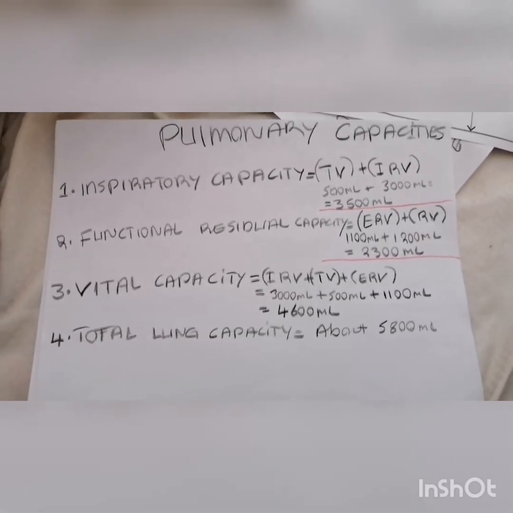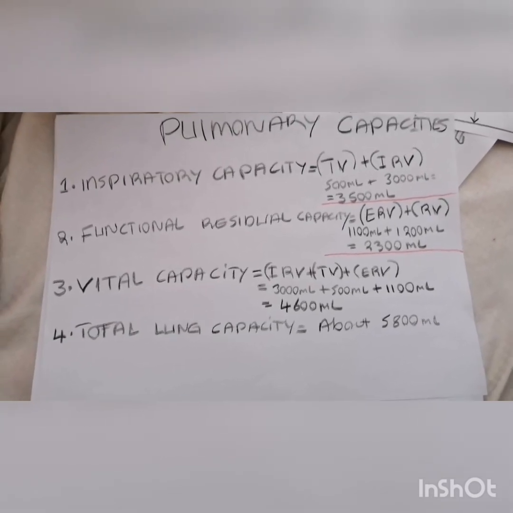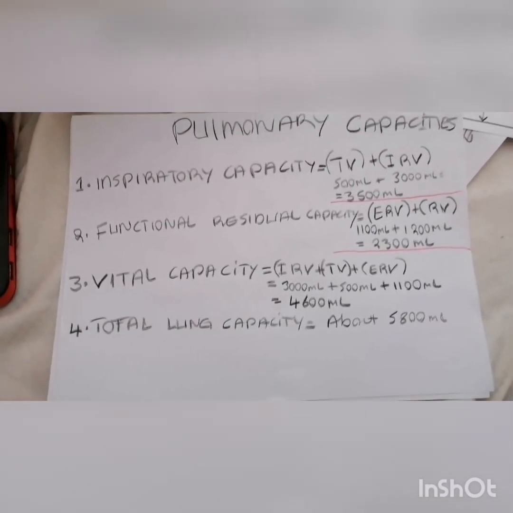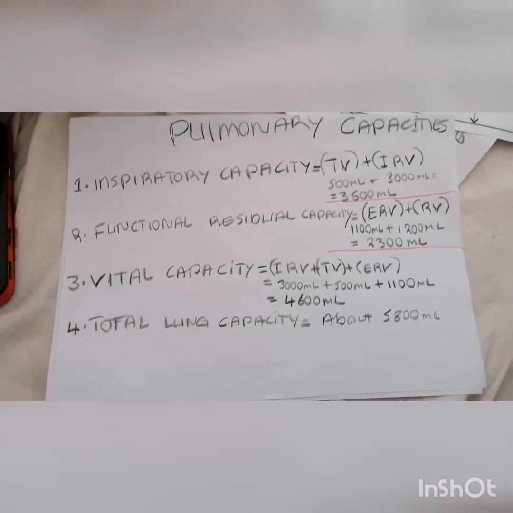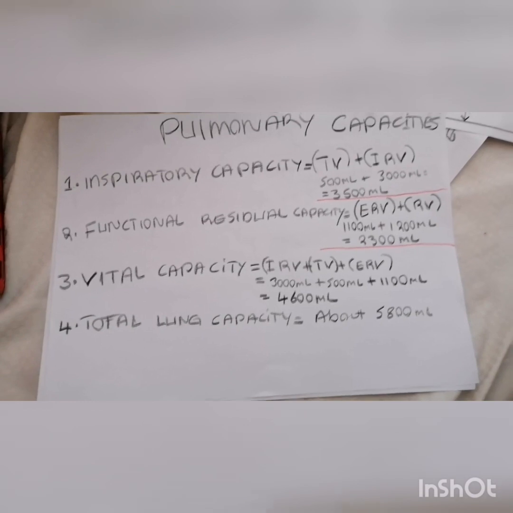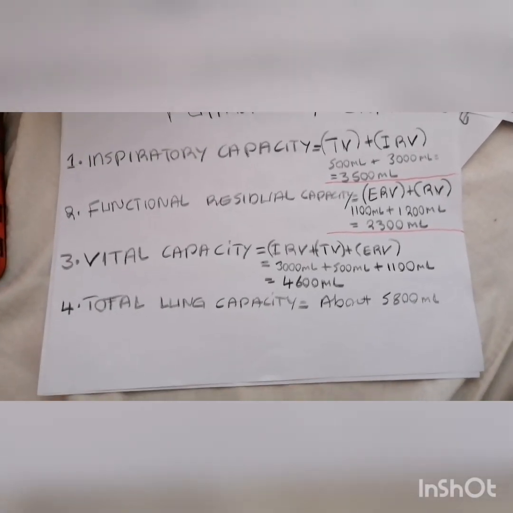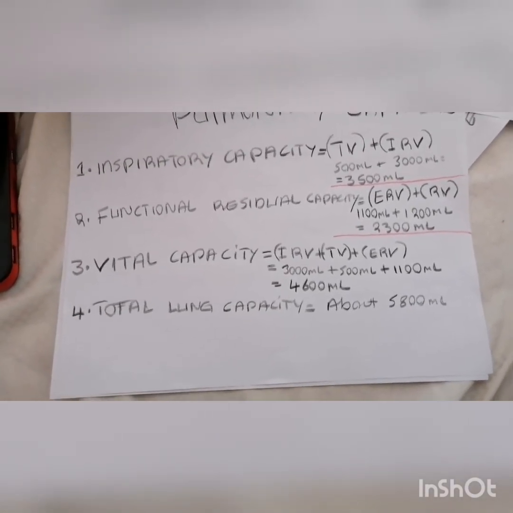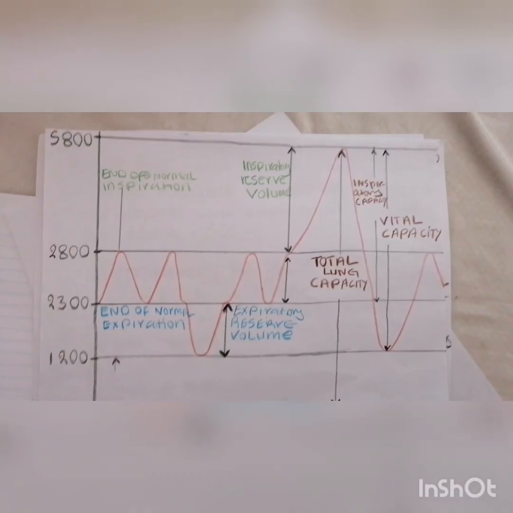Vital capacity is simply inspiratory reserve volume plus tidal volume plus expiratory reserve volume, which equals 3000 milliliters plus 500 milliliters plus 1100 milliliters, which equals 4600 milliliters.